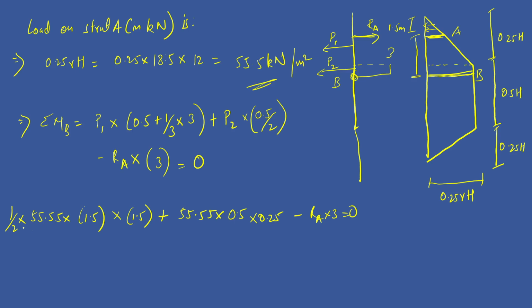Yeah, correct, half has to come. So we need to take the area of this diagram and then multiply it, which will definitely give you the force. It's a triangular one, so that is again the area. That's how this works. It gives an RA value of 90.15. You can check, sir, once calculated. Yeah.